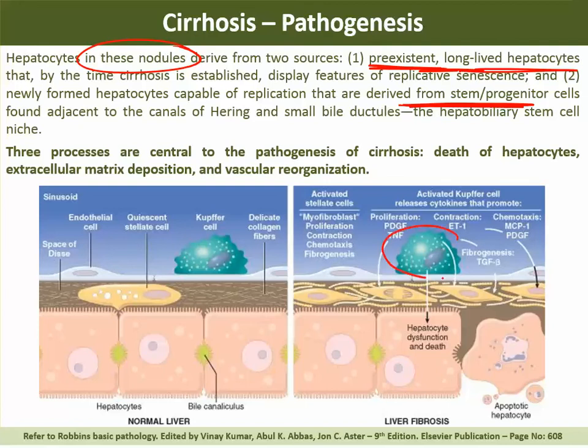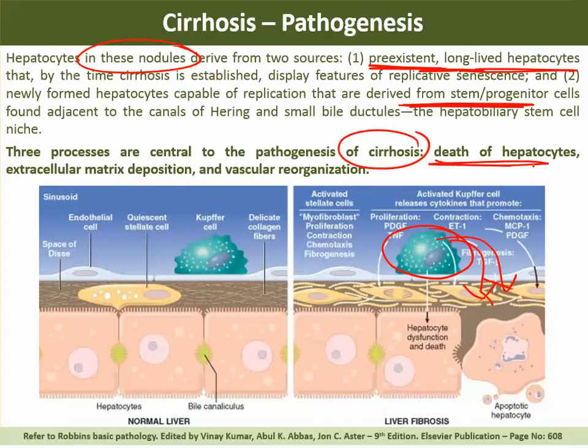Because the Kupffer cell is stimulated. It will be converted into fibroblast, or they produce growth factors that stimulate the fibroblast to produce more fibroblast and more collagen that leads to cirrhosis.